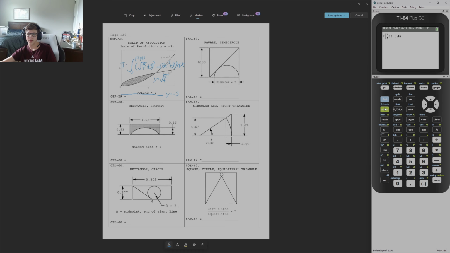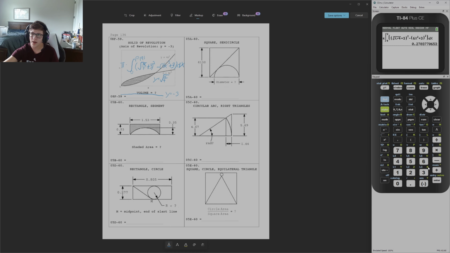And then we have the square root of x over 4, at the square root of x plus 3, squared, minus, in parentheses, 6x squared plus 3, squared, and then dx.